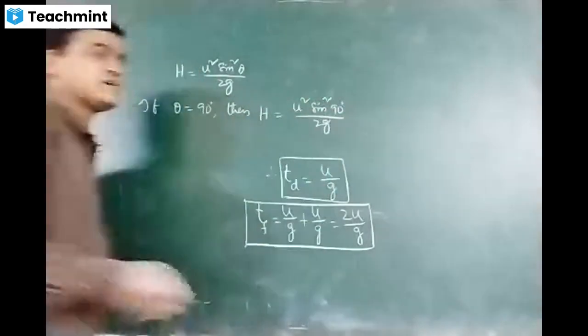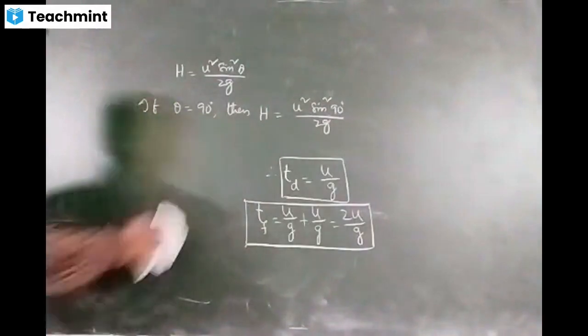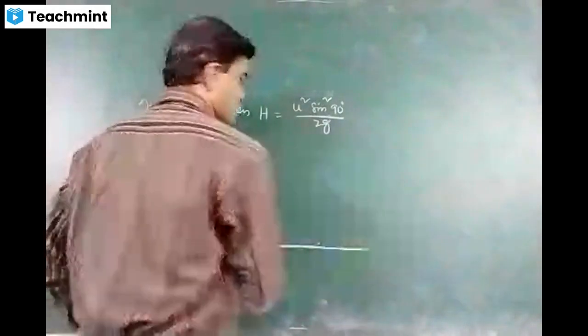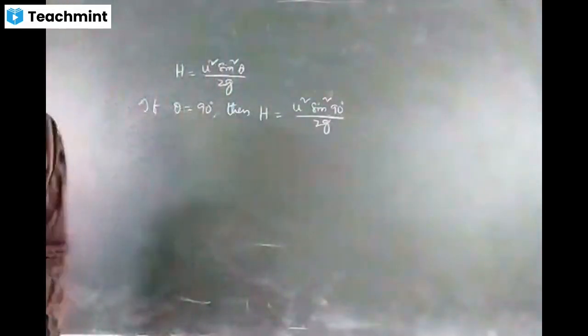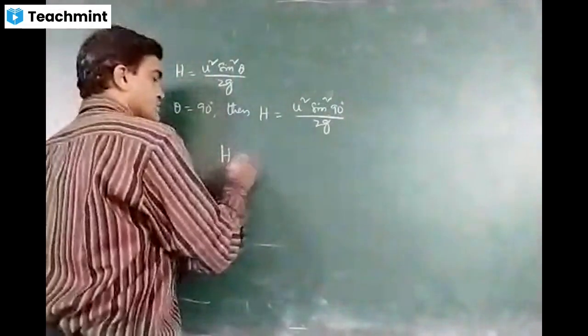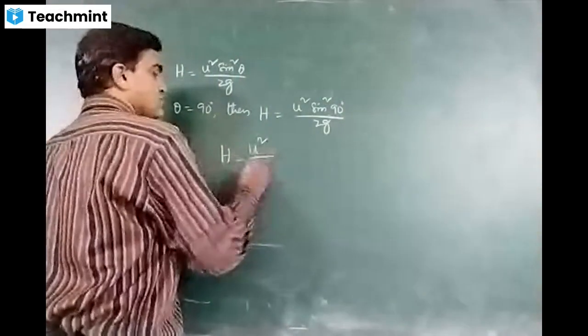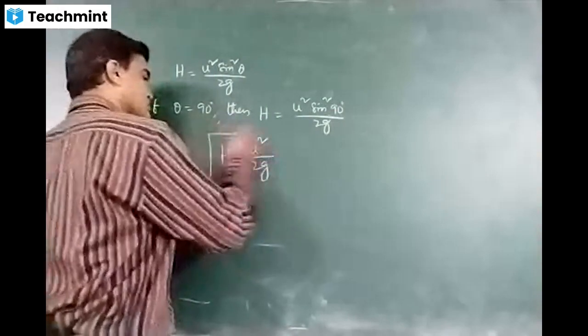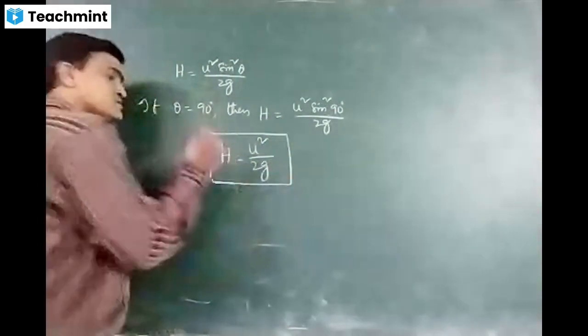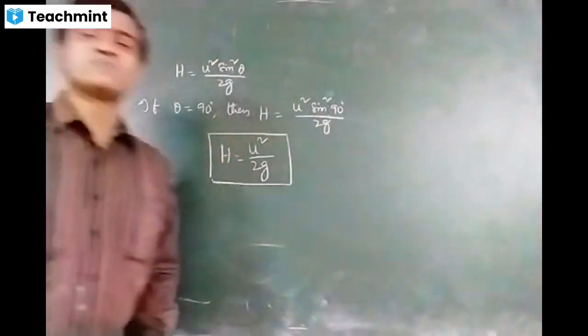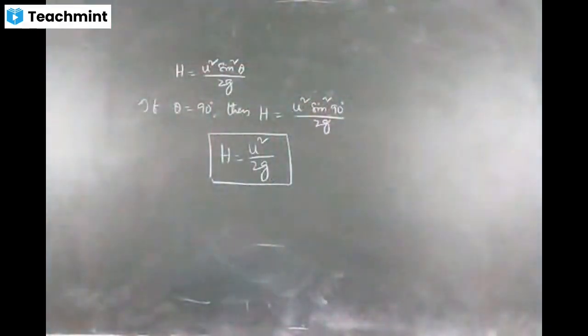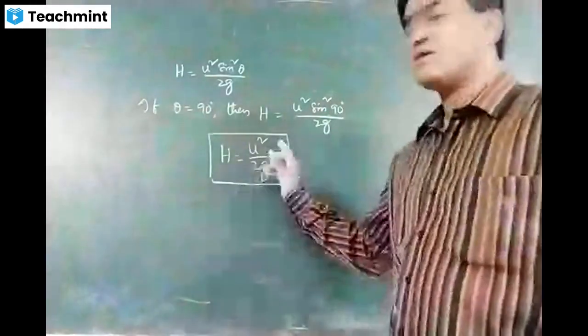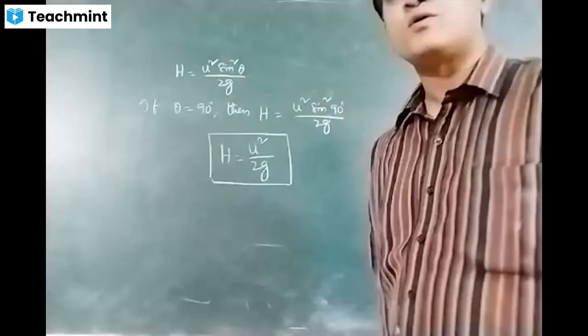But what is the value of sin 90? It is 1. So the formula you get for maximum height is H is equal to U square by 2G. This is the formula you have to use for maximum height when a body is thrown vertically upwards.